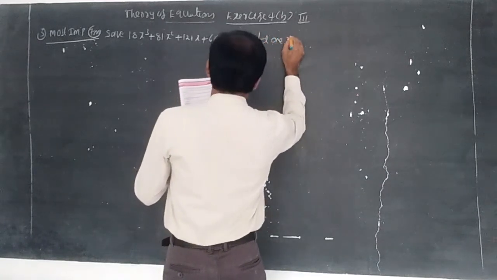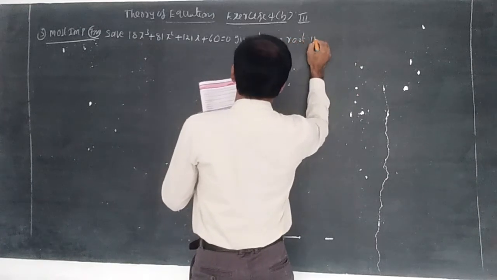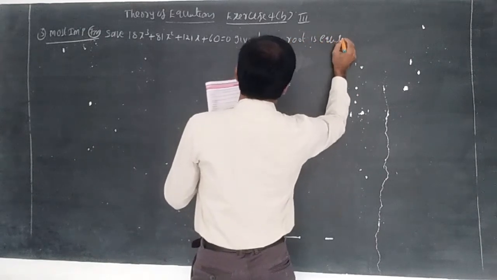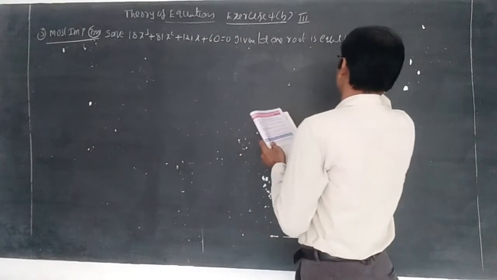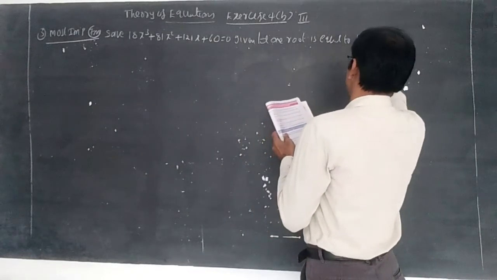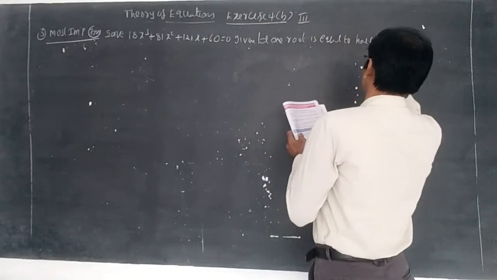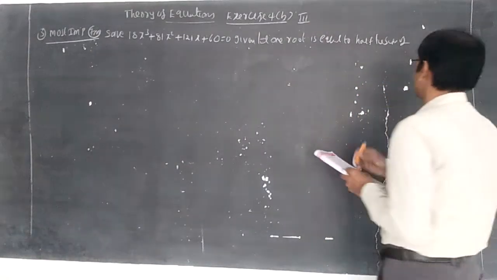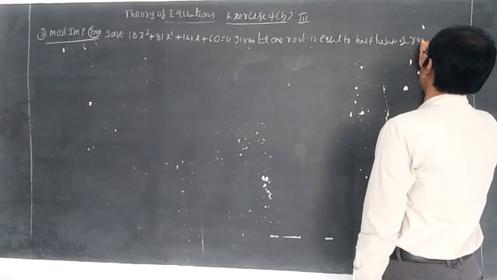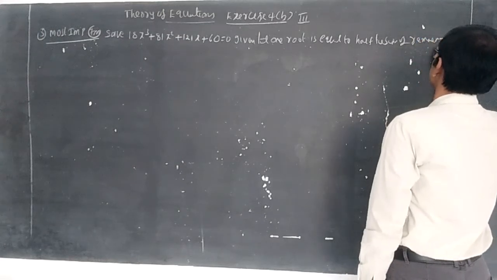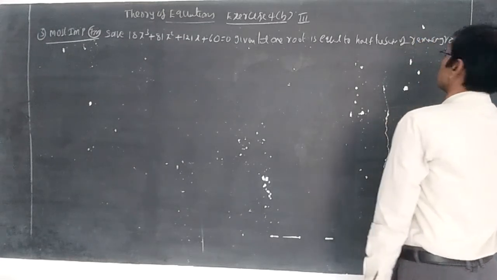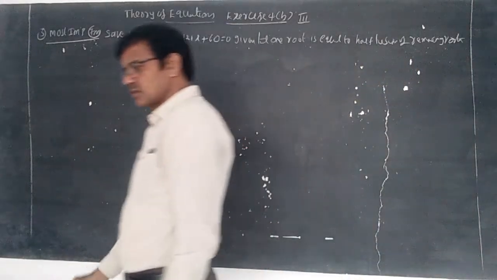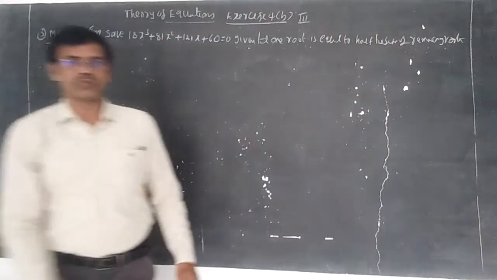one root is equal to half the sum of remaining roots. Why is this question most important?